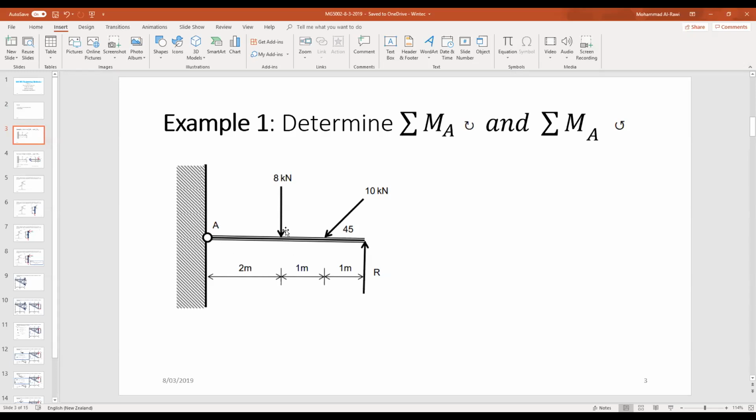There's 8 kilonewtons going downward, which is a force in the negative y direction, and there's a force of 10 kilonewtons inclined at a 45 degree angle. So the first thing, when we try to solve this kind of question, we need to understand how to work on it.